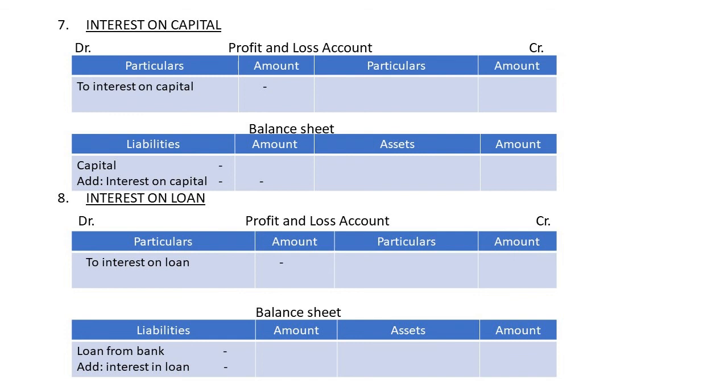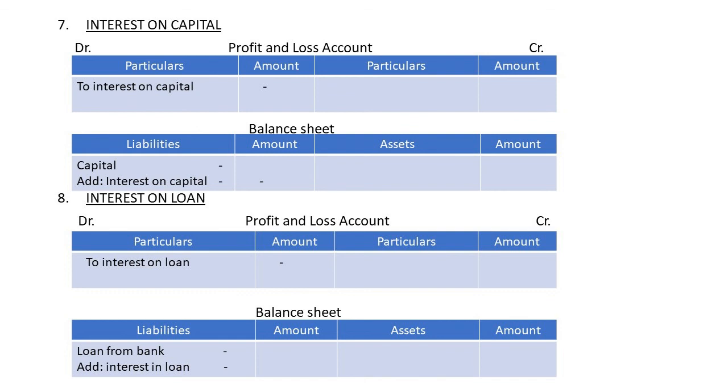And in most of the cases, it is given on the credit side of the trial balance, which means that loan taken. And in that case, interest on loan is an expense. So it will be debited to the profit and loss account.